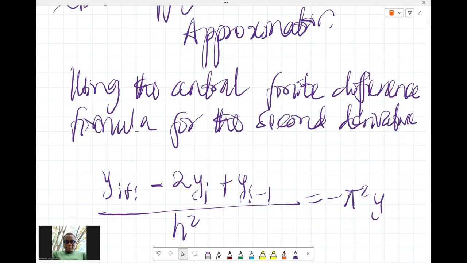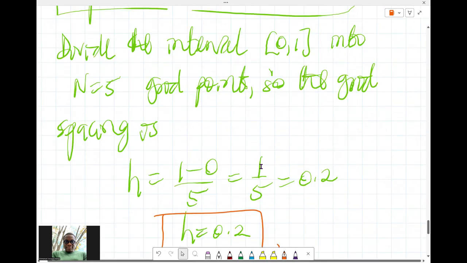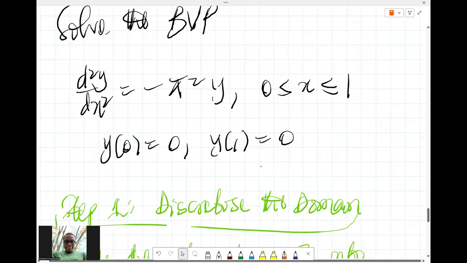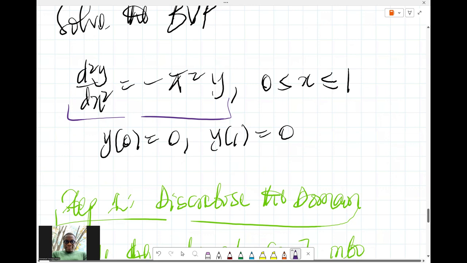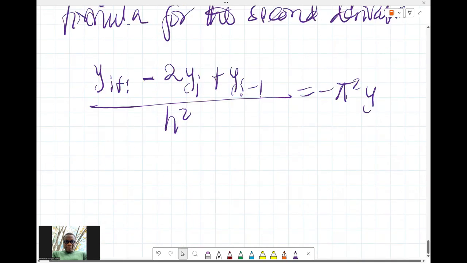This is our f of x, y, and y prime, just like what the question tells us. This is the question right here: minus pi squared y.